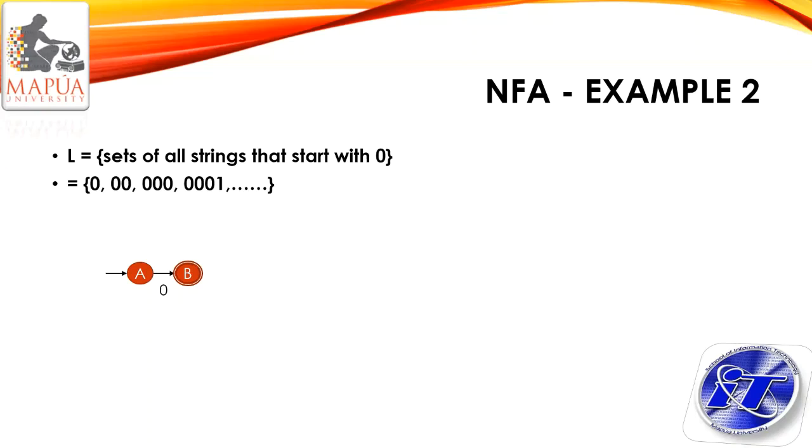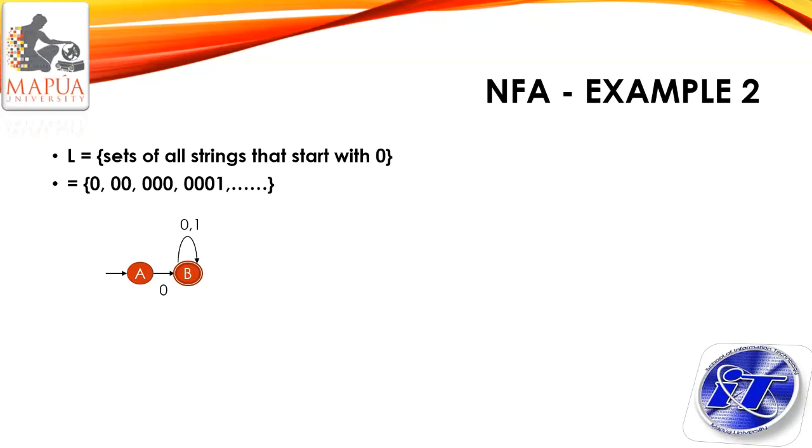As long as it starts with 0, the rest, if there are any values, will just be accepted. So we're just going to loop within B, whatever the value. How about A, where we have no path for 1? It's okay that there is no path for 1 because it is not part of the accepted string. It can just be absent.